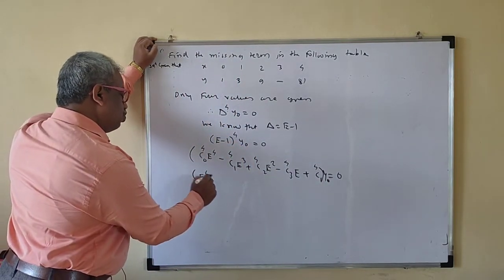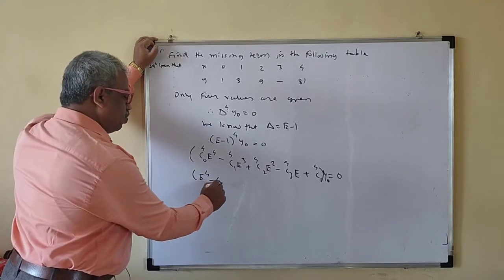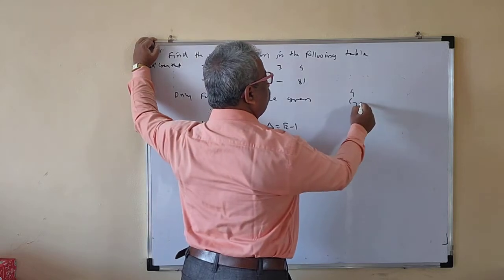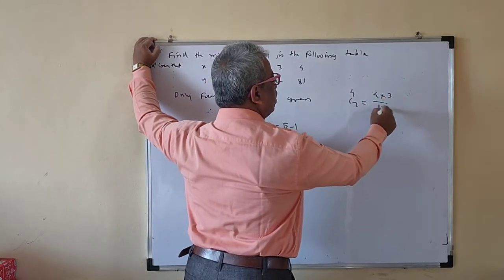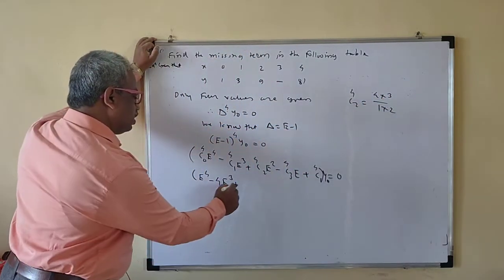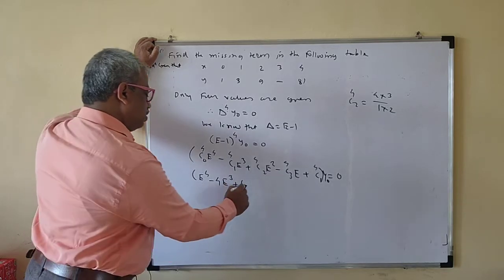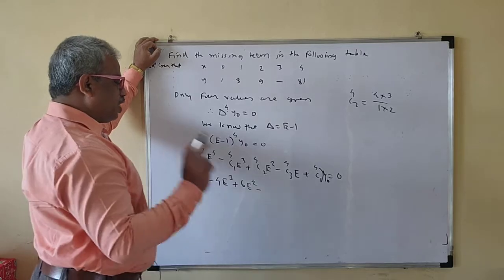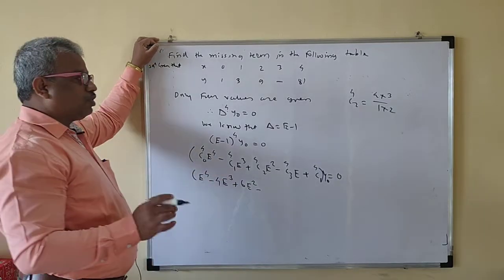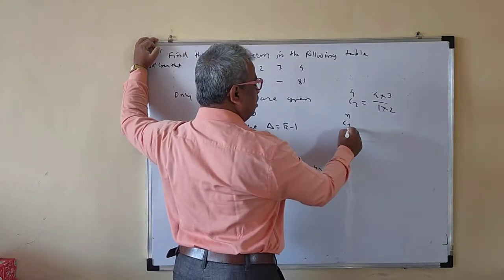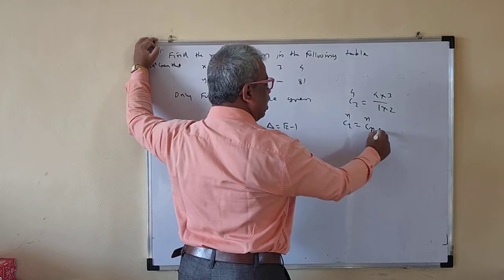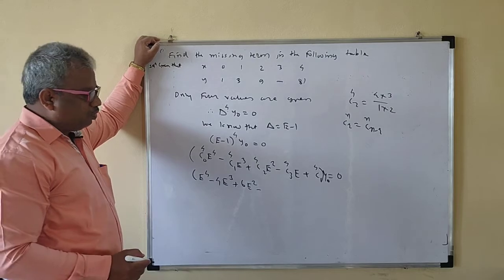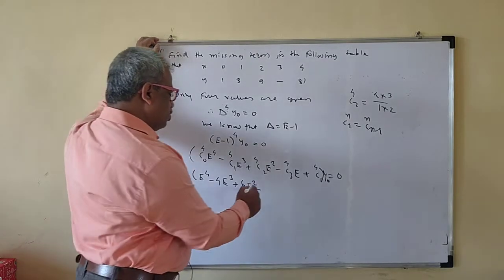So this is E raised to 4. 4c1 is 4, this is E cube. 4c2, see how to find: 4 into 3 upon 1 into 2, so this is 6 E square. Minus 4c3, which is same as 4c1, because nCr is same as nC(n minus r), and 4c1 is 4.